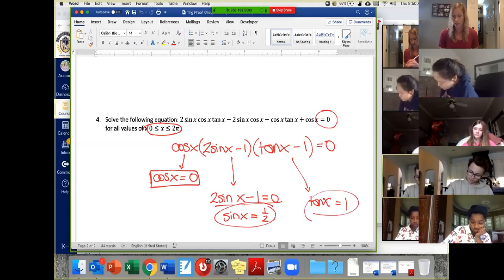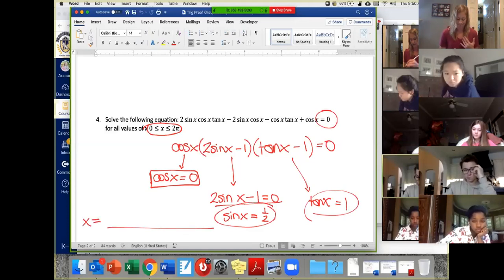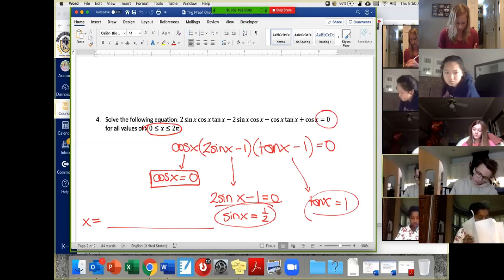And this one I already solved out, is asking me the question, where is tangent x equal to 1? So your answers for x are going to be radians, using your chart and unit circle, where cosine equals 0, sine equals 1/2, and tangent equals 1.